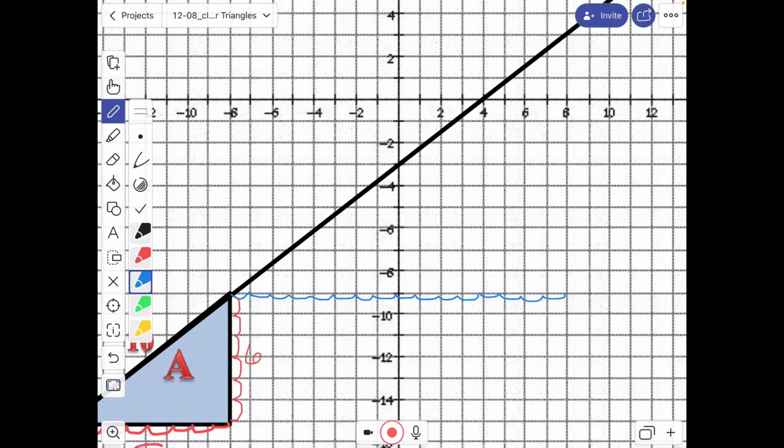And then I'm going to go, the rise was 12. Perfect. That is a similar triangle. We'll call it B.